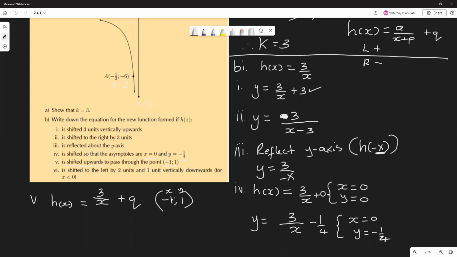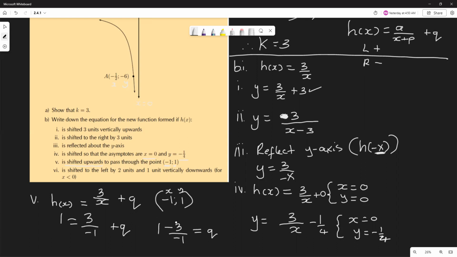I can easily substitute the point into the graph, where my y value is 1, so 1 equals 3 over negative 1 plus q. And then I'll just move this part to that side, which is going to be 1 minus 3 over negative 1. It was positive, so moving it becomes a minus, equals q.